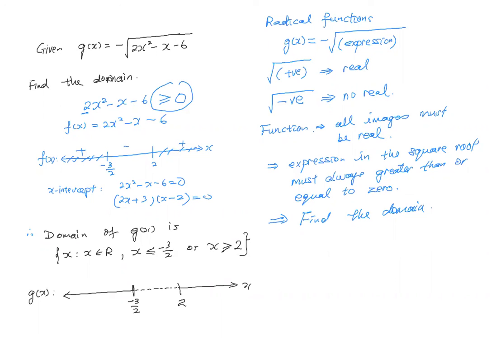Let me test: if it's not 0, never mind, I put 1. Negative square root of 2 times negative 1 squared minus negative 1 minus 6 equals negative square root of 2 plus 1 minus 6, equals negative square root of negative 3. No solution.